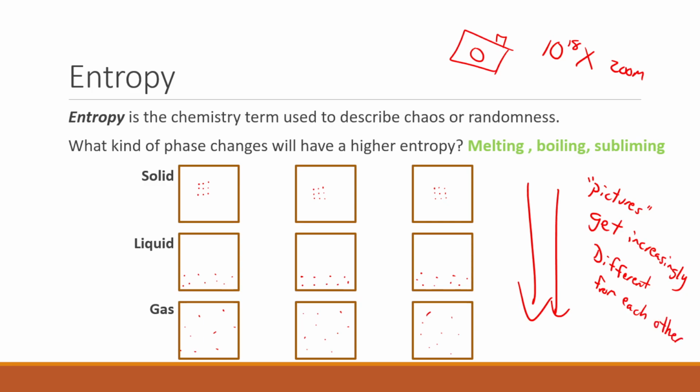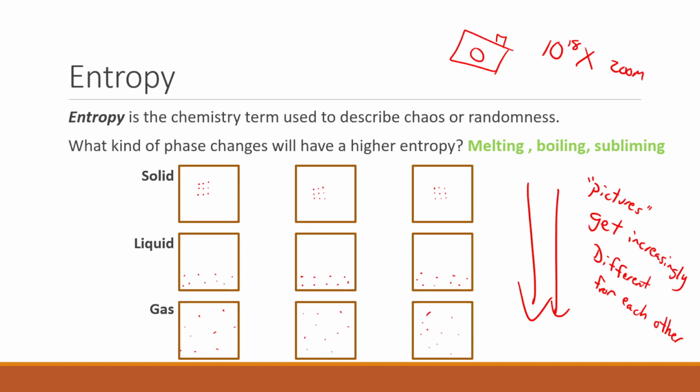Can you predict a picture of a solid? You take these three, can you predict what the fourth one will look like? Yes, absolutely. How close are you going to be to your prediction? Pretty close, because there's not a lot of difference between them.